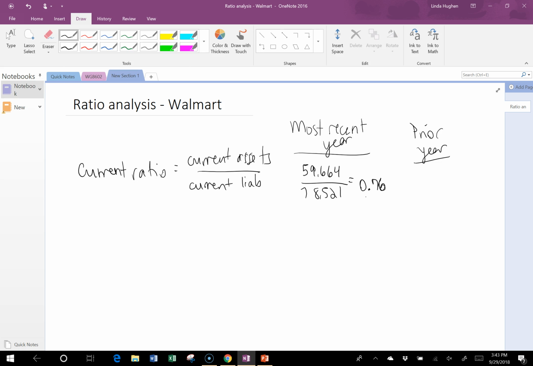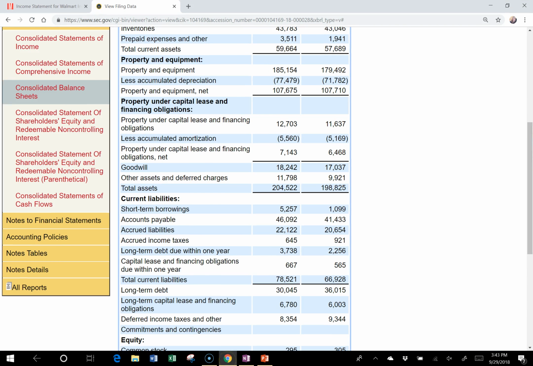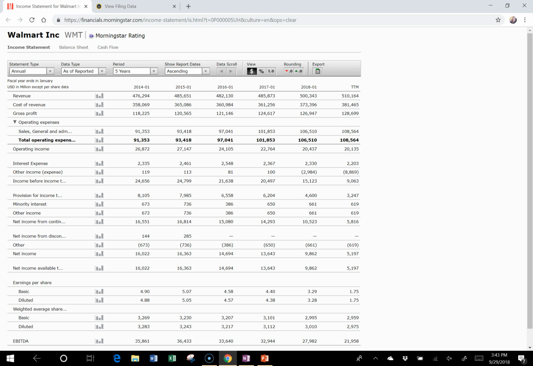Now the next thing I'm going to do is find the prior years rather than calculating all of this out. I have the information in Morningstar, which is one of the few websites I know that gives ratio data for free. I don't need to set up any special account. All I did was Google the words Morningstar Walmart financial ratios, and I got to this screen here.